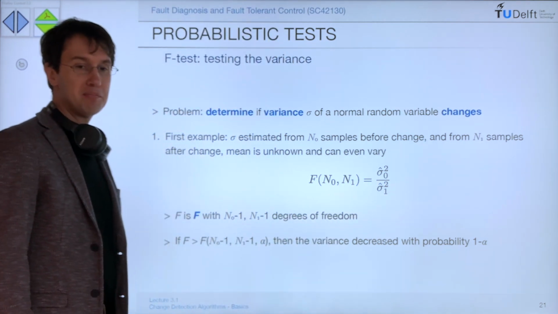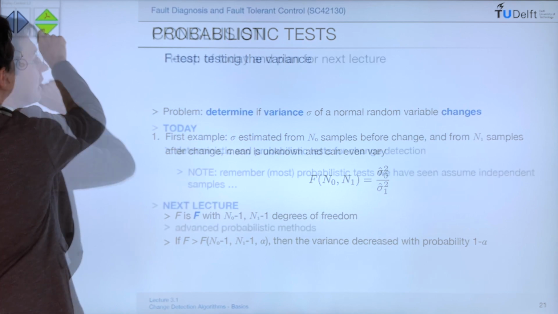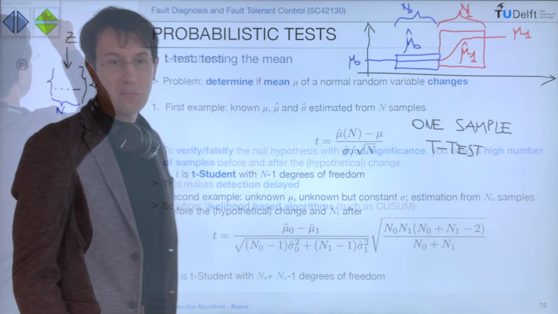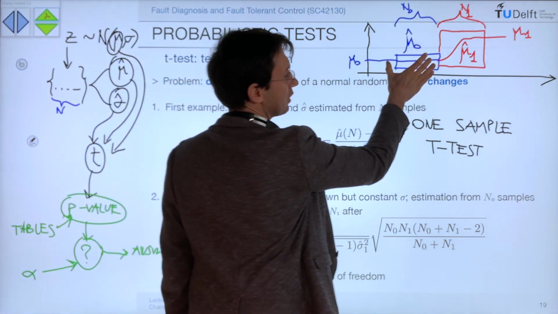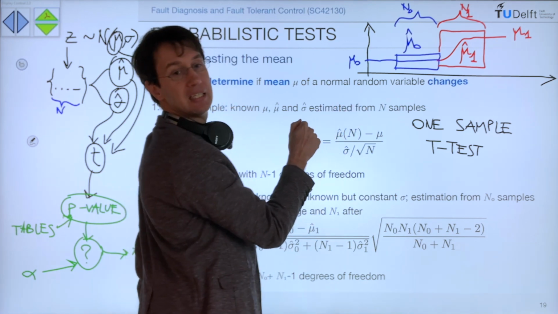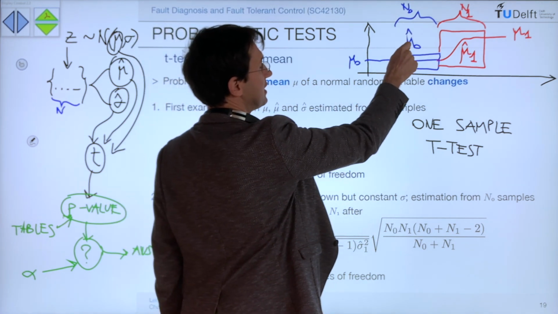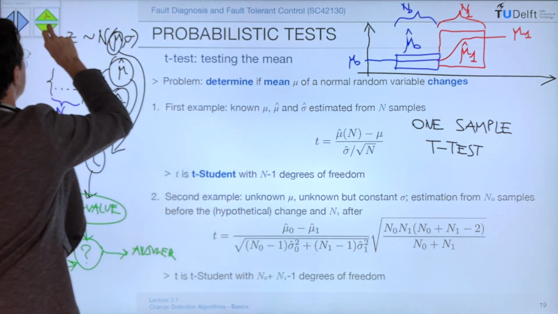And again, before and after means that, as in the previous case, we have two moving time windows that we slide over data, and we compute, in this case, sigma 0 hat in the first, sigma 1 hat in the second.